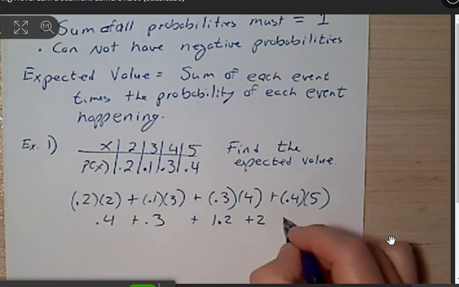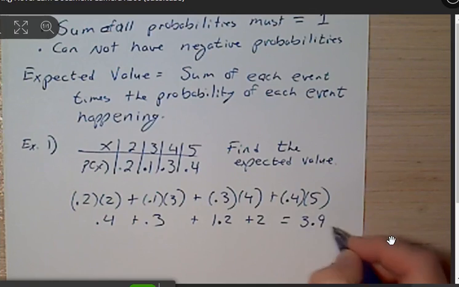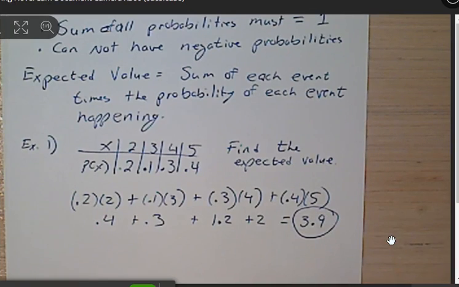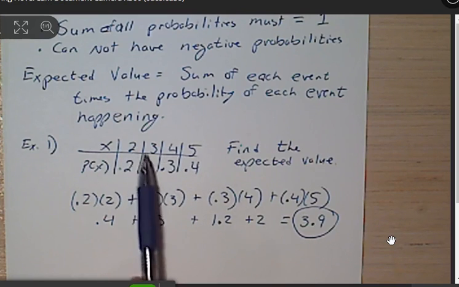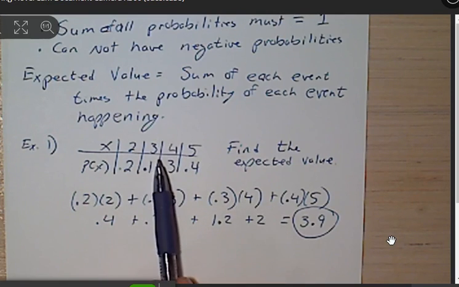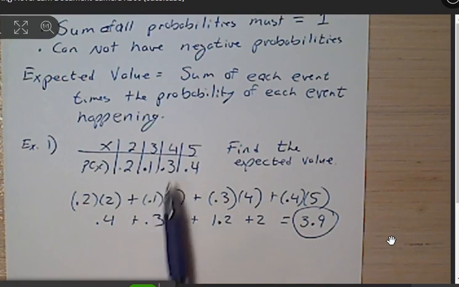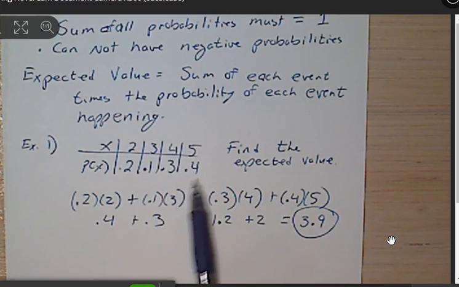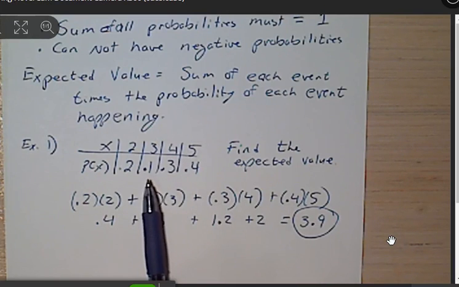So if you add all that together, it comes out to 3.9. If you look at the numbers, you've got a higher probability of getting a 4 and a 5, and a lower probability of getting a 2 and a 3. Normally if these were all equal, we'd have a 3.5 in the middle. But since the 4 and 5 have a higher probability, it's going to scoot that number a little higher toward the 4 and the 5. So that's where we get the 3.9 from.